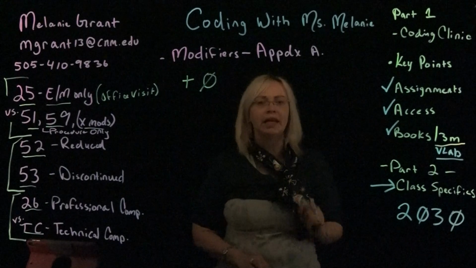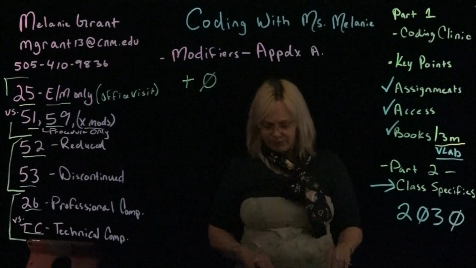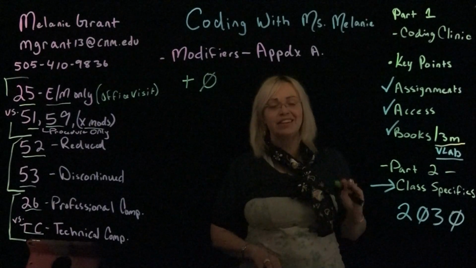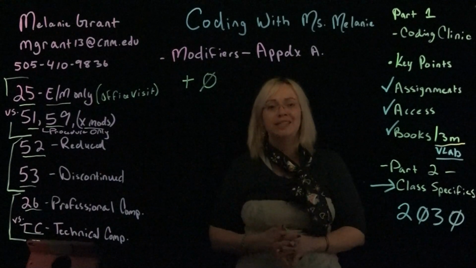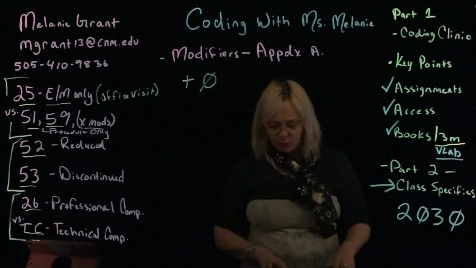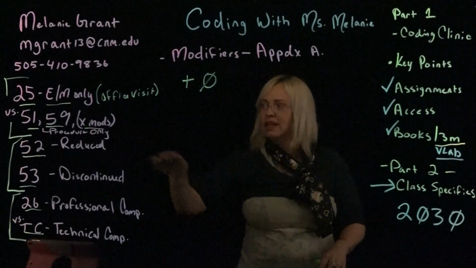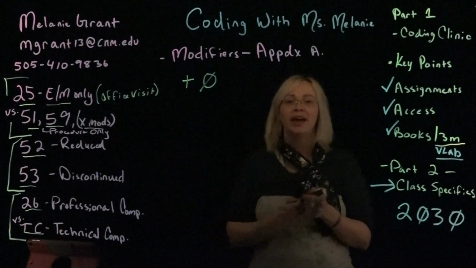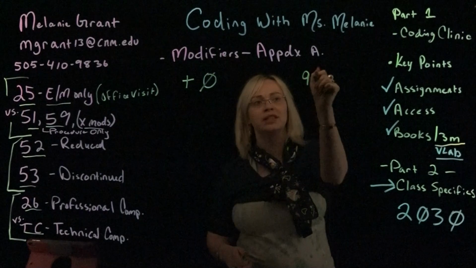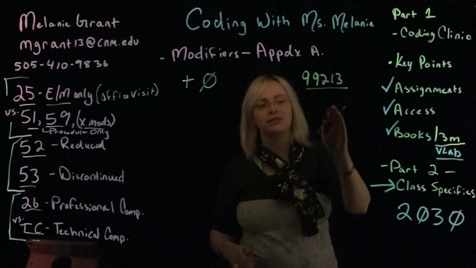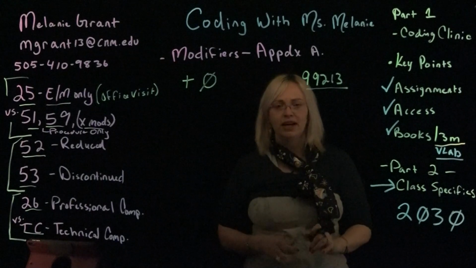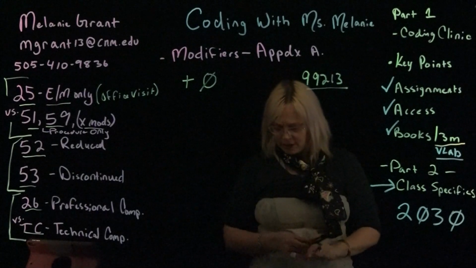Significant, that means unique, stands alone. Separately identifiable, not part of other things that are being done. Evaluation and management service, meaning it has to be appended to an E&M code such as 99213. That's one of your office visits for an outpatient established visit.